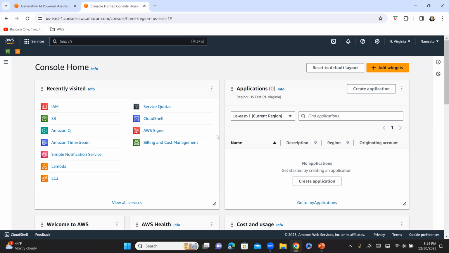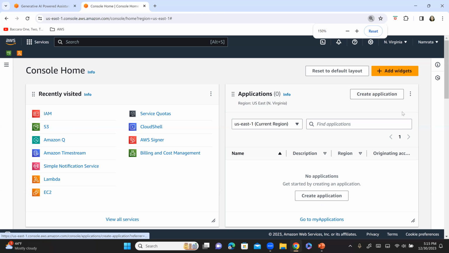Now, if someone wants to interact with Amazon Q, what is the easiest way to do that? If you just want to get a feeling of what this service is all about, go to your console home. Over on the right-hand corner, where my mouse is, that's where you can see the Amazon Q icon. Let me zoom in a little.